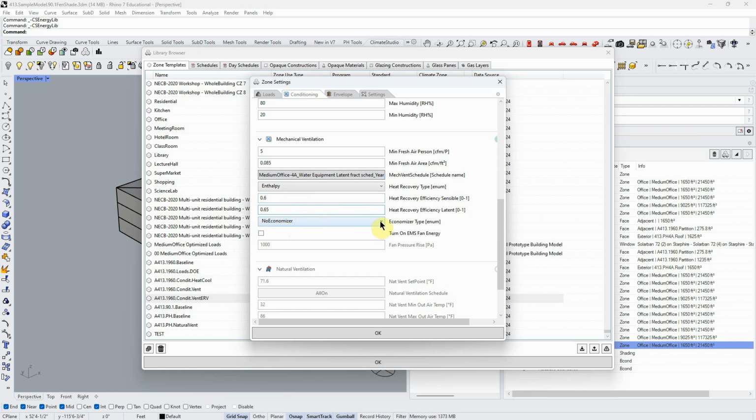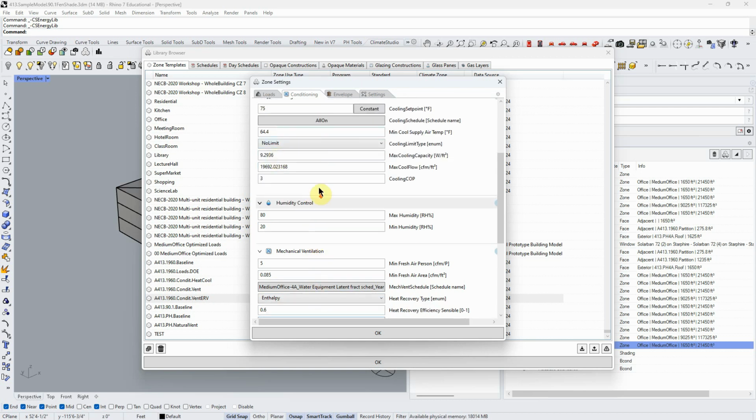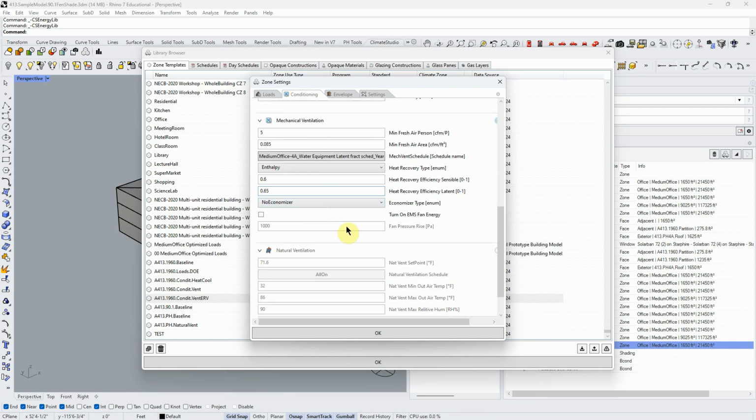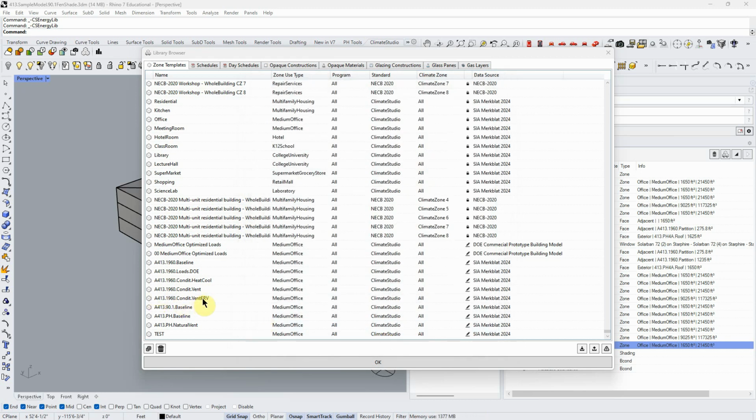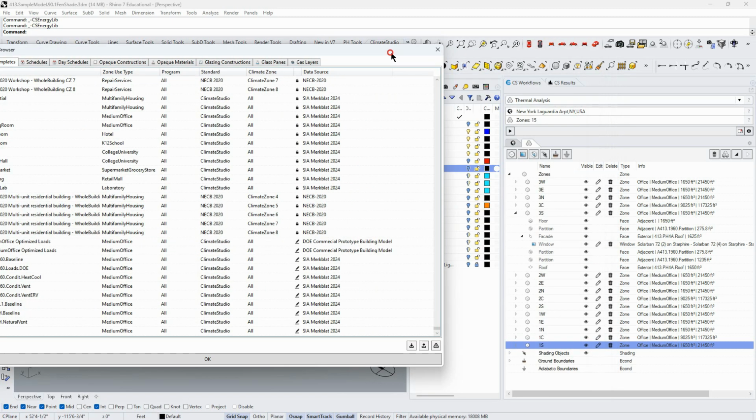I didn't turn it on because I think the scheduling, if it's conflicting with other scheduling, could cause problems, so I decided just not to do that. So all we did there was implement an efficient ventilation system.